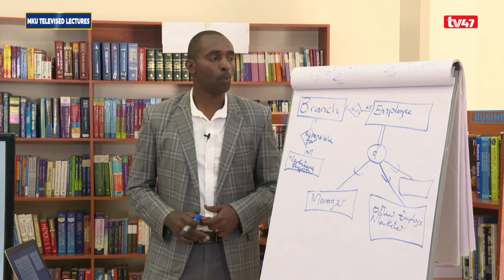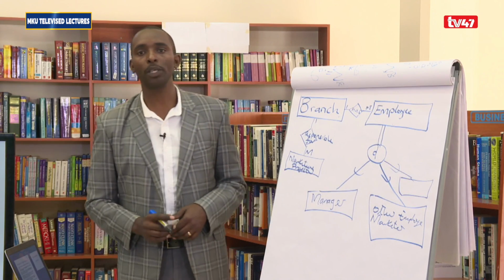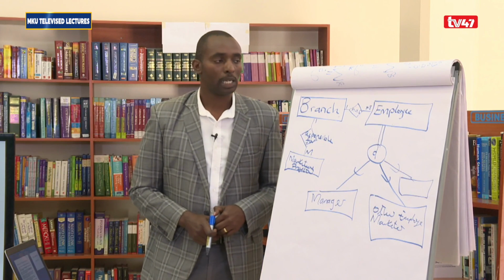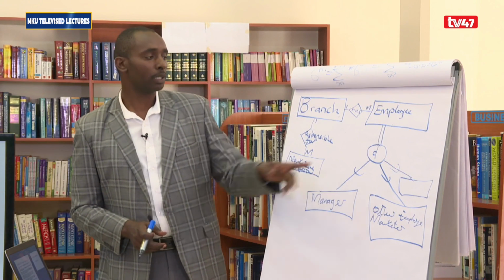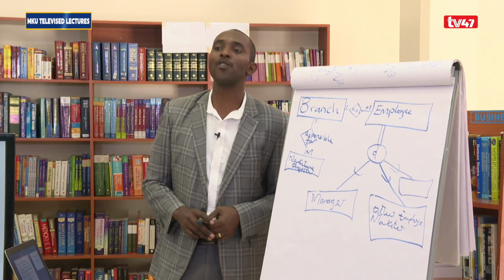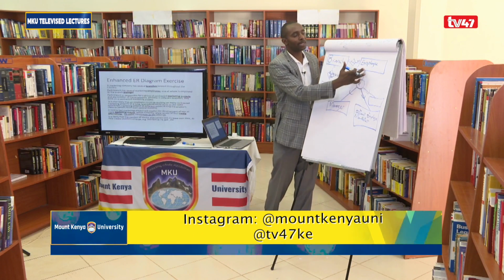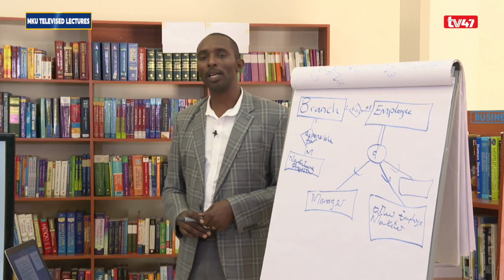And then we have overlapping mandatory, where we had the O in the middle. Overlapping mandatory would look like this, but then with an O, and then overlapping partial. Overlapping partial has an O and then a single line.